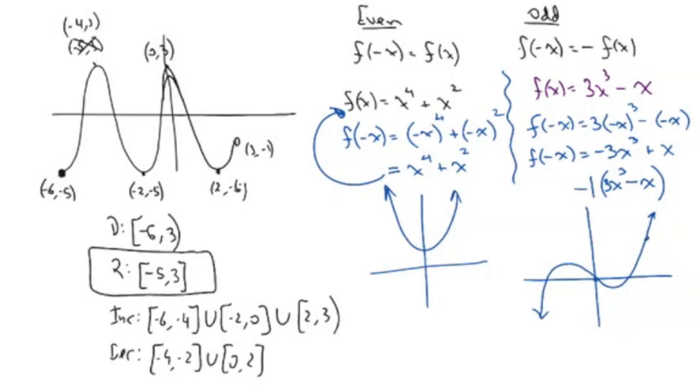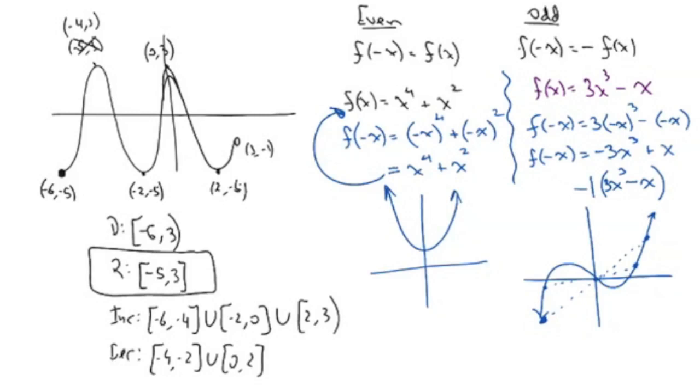That means if you pick any point on this side and reflect it through the origin, you find a corresponding point on the other side that's right on the graph. So the distance from this point to the origin, take it, double it, you find a point on the other side, and vice versa. So if you look at this point here, you cross through the origin, you end up with this point over here. It's kind of a cool idea, but not really powerful for our purposes. But that's even and odd, just in case you run across it.